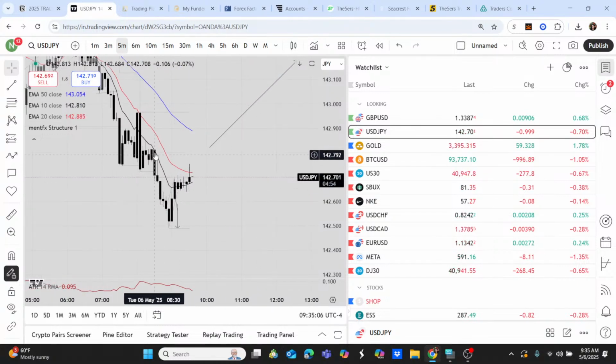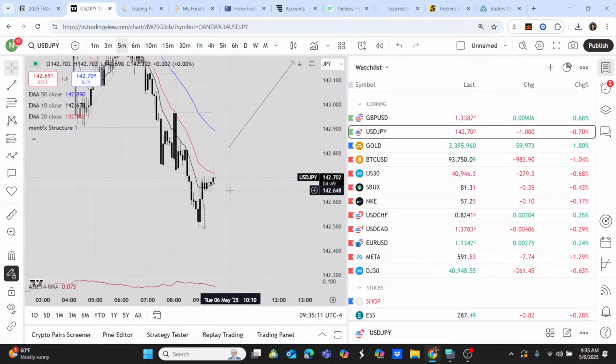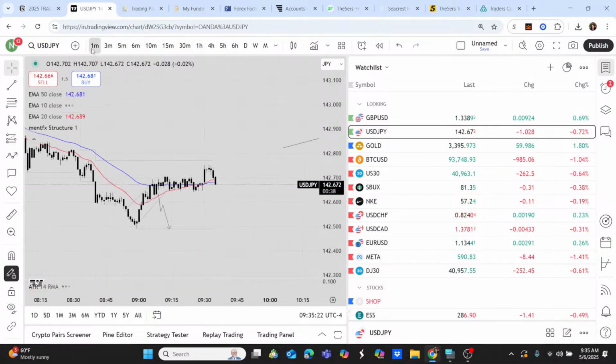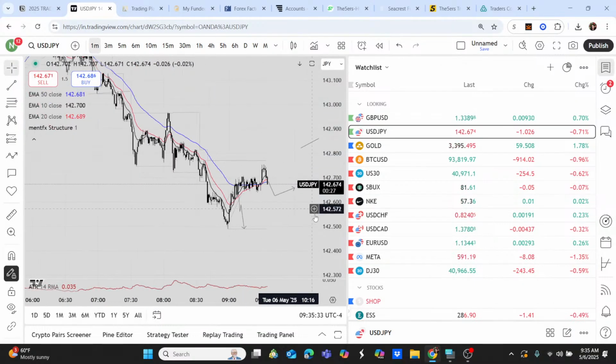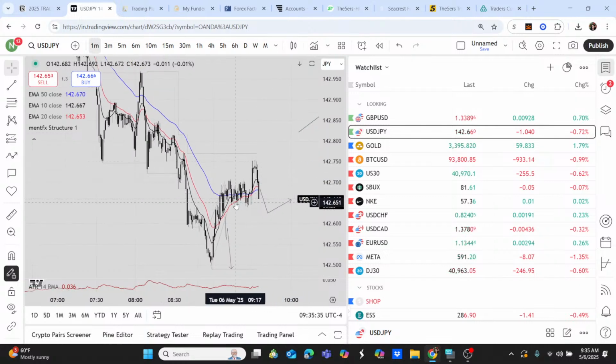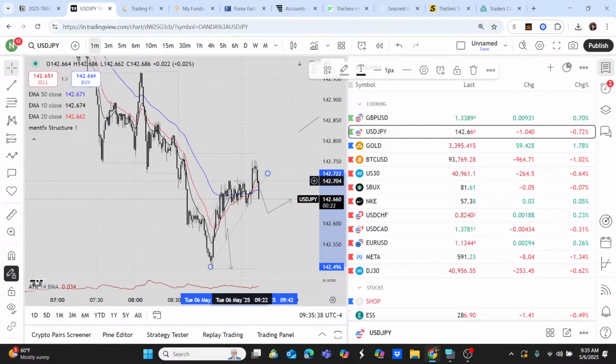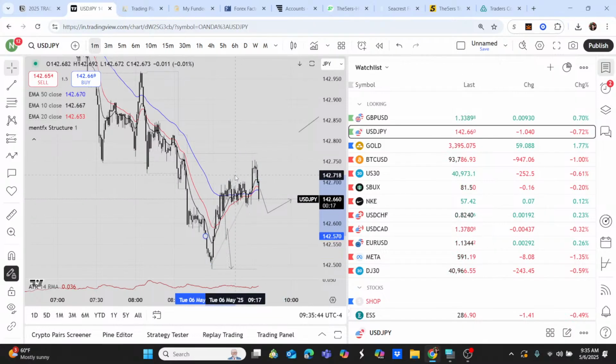Price is struggling to get through this 20 right here. If price starts to make a move from right here, I could look for another challenge trade on a lower time frame, if it starts to look clean, because I was looking at this area either way.